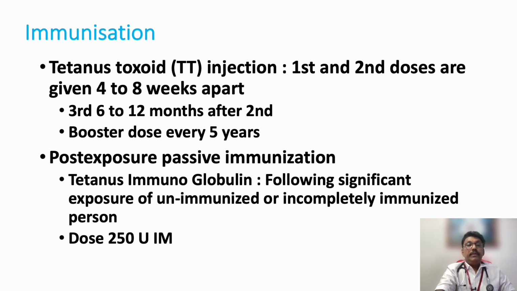That dose is 250 units IM, but the treatment dose is very high, 3000 units, as we have seen in the previous slides. The preventive immunization is tetanus toxoid injection, 1 to 2 doses 4 to 8 weeks apart should be given.